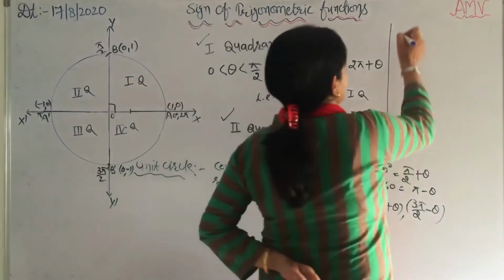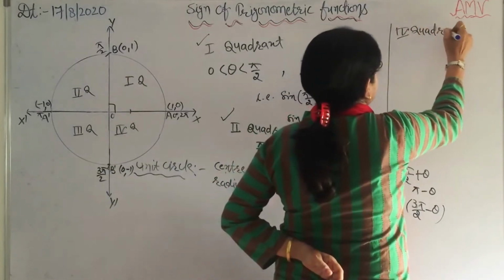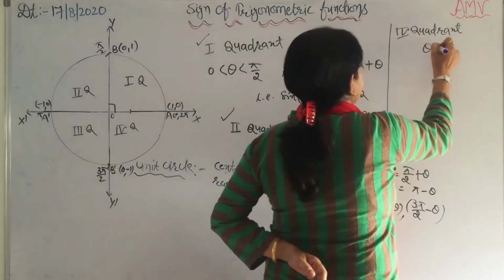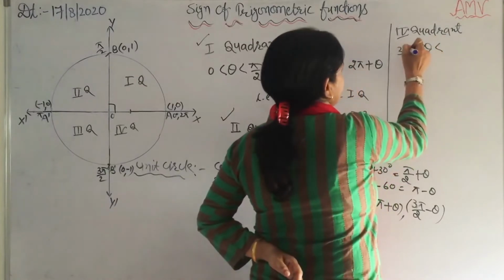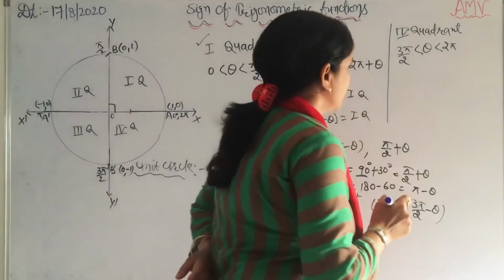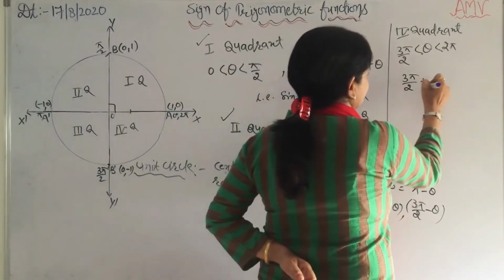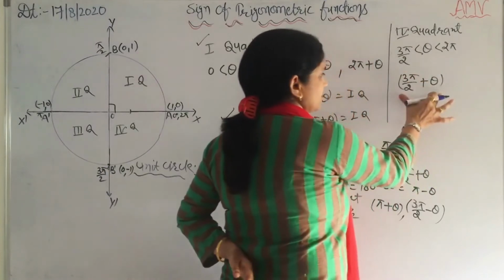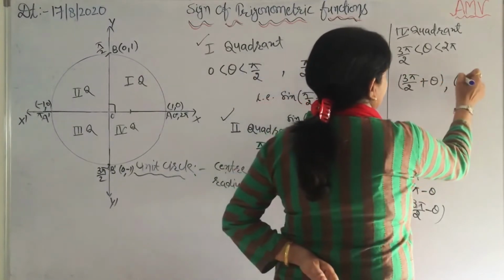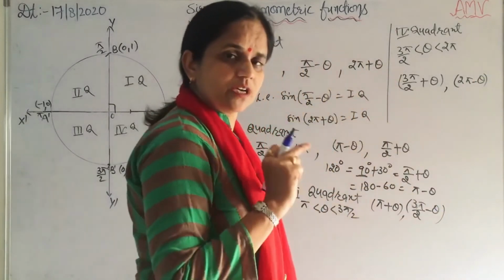And now for the fourth quadrant, the angle is from 3 pi by 2 to 2 pi. Here 3 pi by 2 plus theta means fourth quadrant, and 2 pi minus theta is also the fourth quadrant.